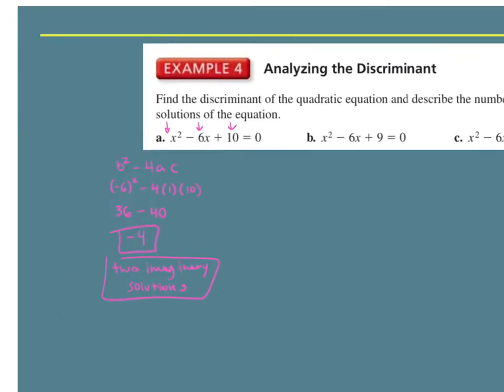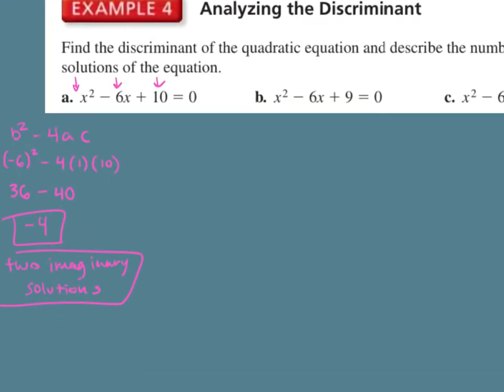All right, let's look at B. What's our b here? So again, we're plugging it into our formula, b squared minus 4ac. So our b is -6. What's our a? And then what's our c? 9.